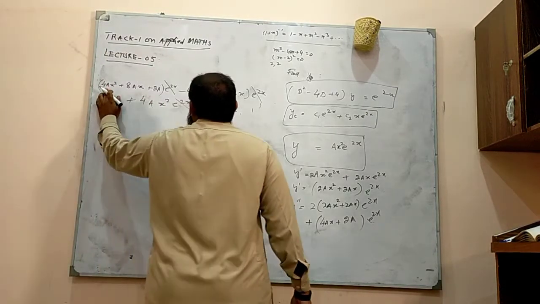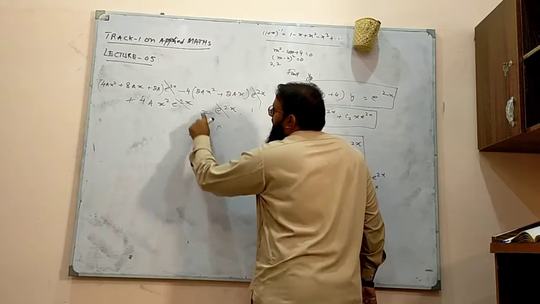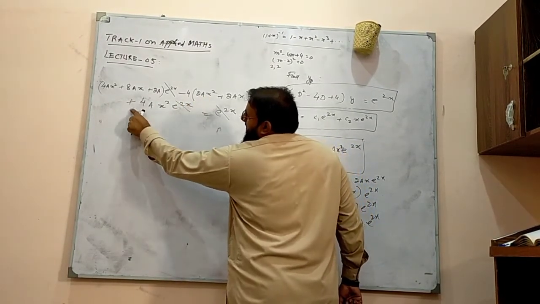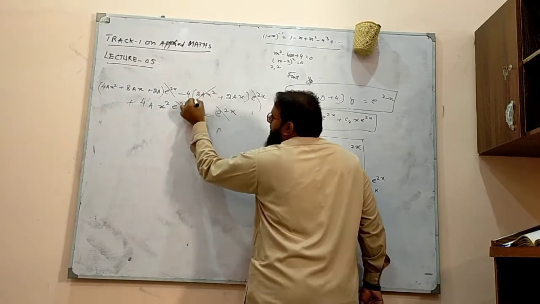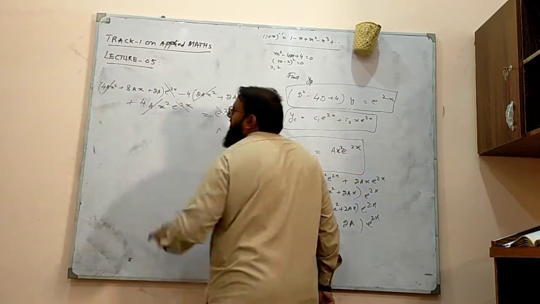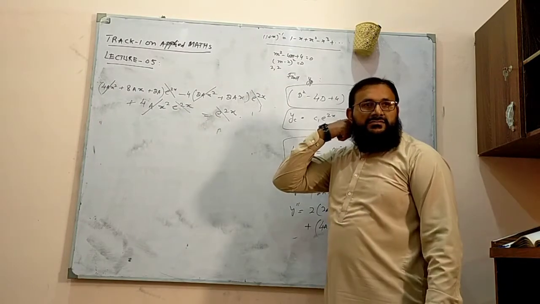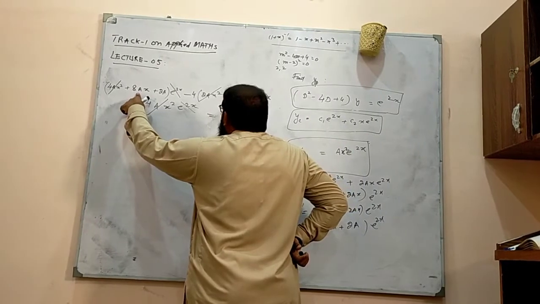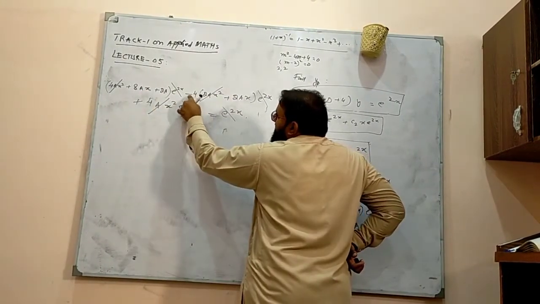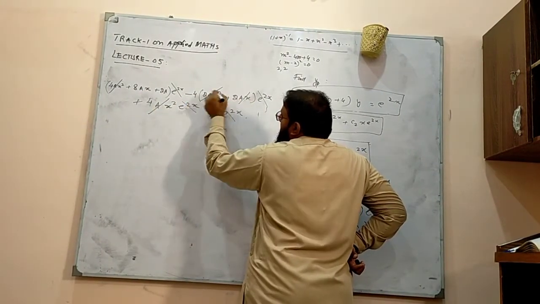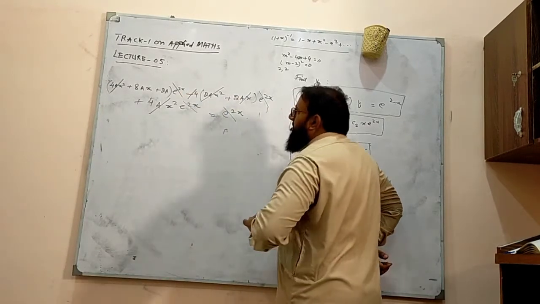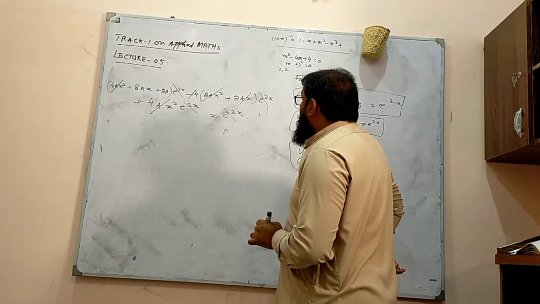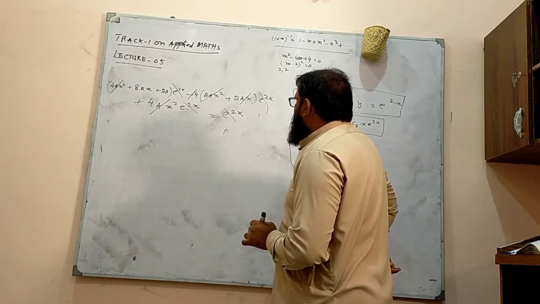So 4ax square minus 8ax square plus 4ax square, so you may simply cancel out the second power of x. 8ax minus 8ax, and 2a is equal to 1.